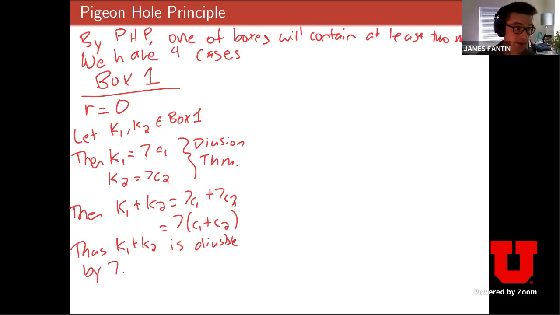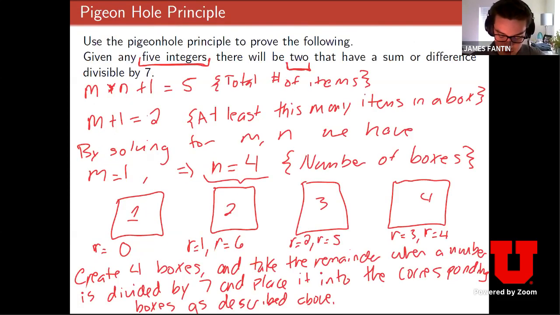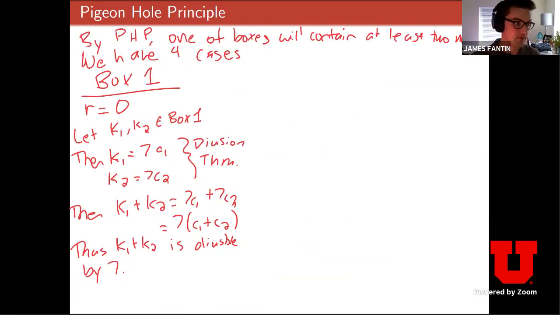And that would be enough to show us for box 1. We don't actually have to show the difference, because we only had to show that one of these two cases happened. In box 1, both of those happen regardless. Any 2 integers you pick in here will have a sum and a difference divisible by 7. So we can just show the sum and make it a bit easier.